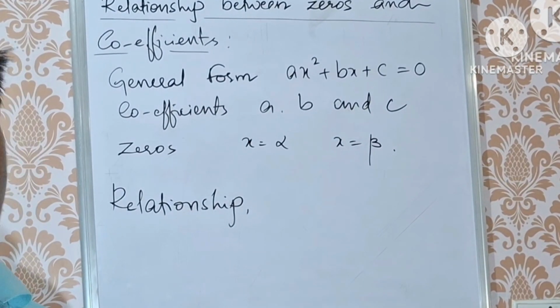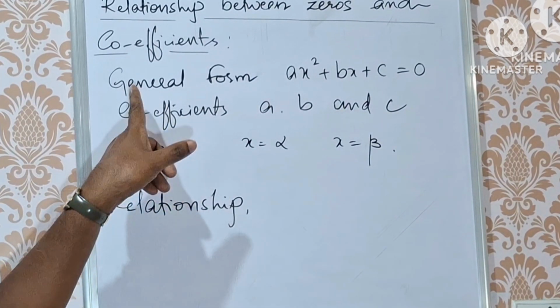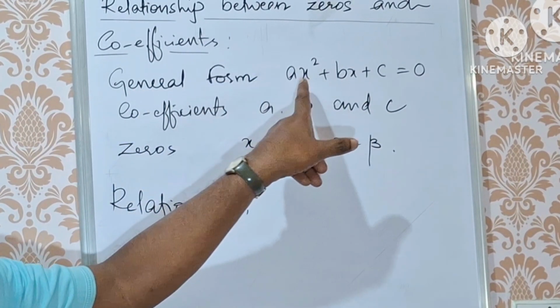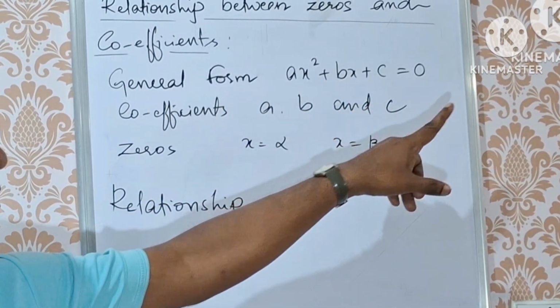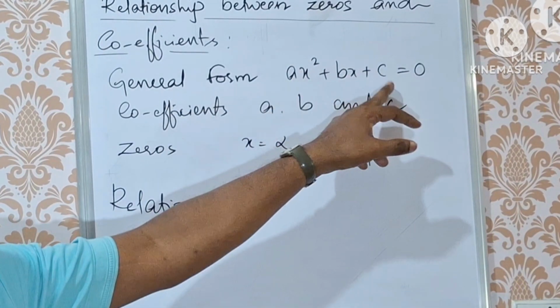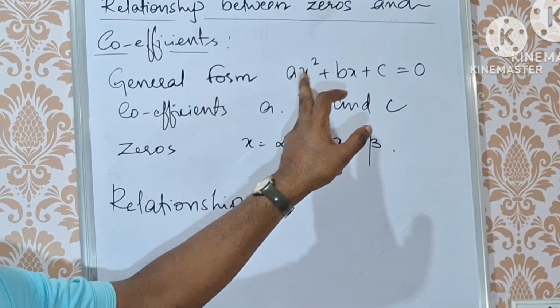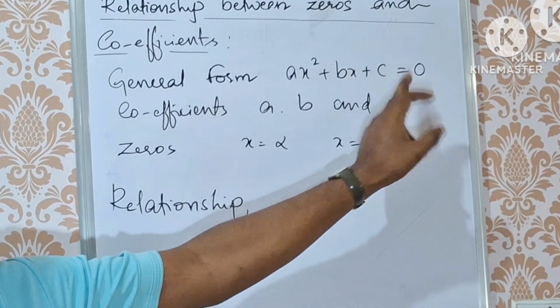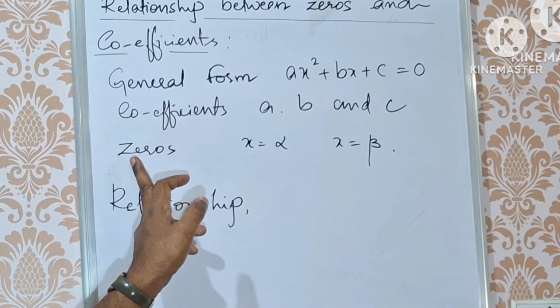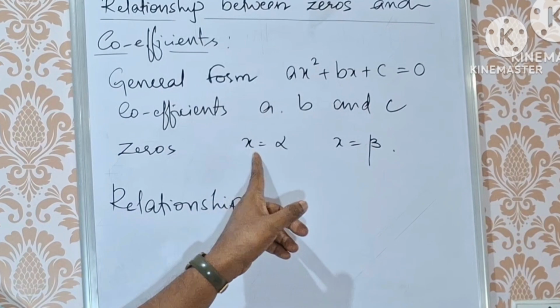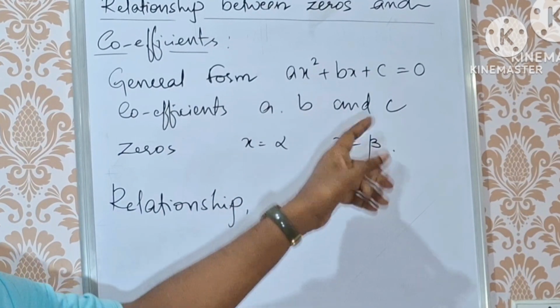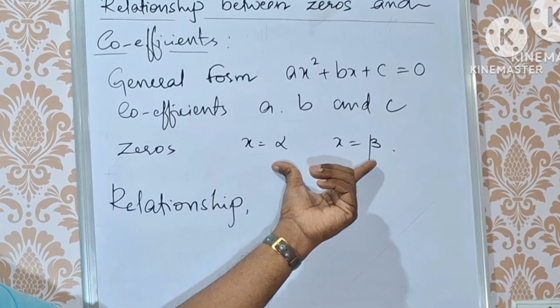Relationship between zeros and coefficients. If the general form of a quadratic equation is ax square plus bx plus c equals 0, here a, b and c are called coefficients. That means multiplications with the variable and the independent term. And the zeros of this equation may be x equals alpha and x equals beta. If we solve this equation, we may get alpha or beta.